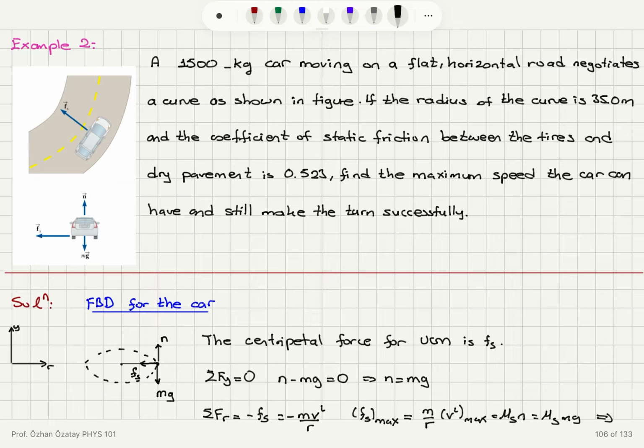Now, we can write this as m v max square divided by r is equal to the coefficient of static friction mu s times mg.